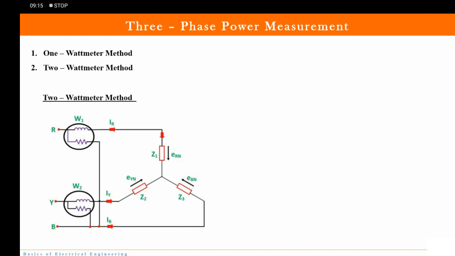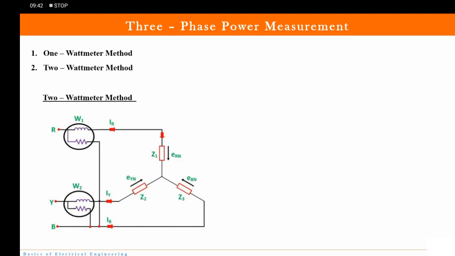Now see, logically speaking, if you wish to measure the power for one phase you require one wattmeter. But if it is a three-phase system, logically we should require three wattmeters, isn't it? But actually two wattmeters serve the purpose. Now of course we are going to see how it performs its job.